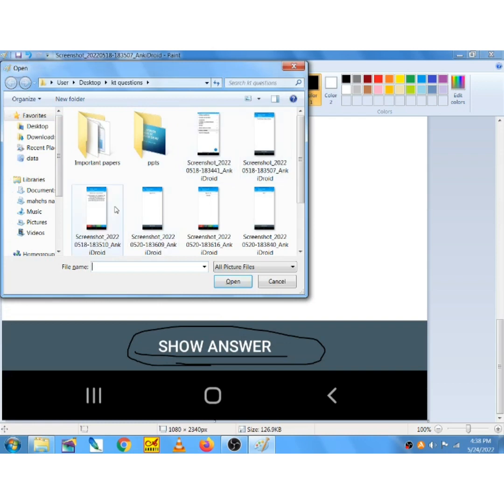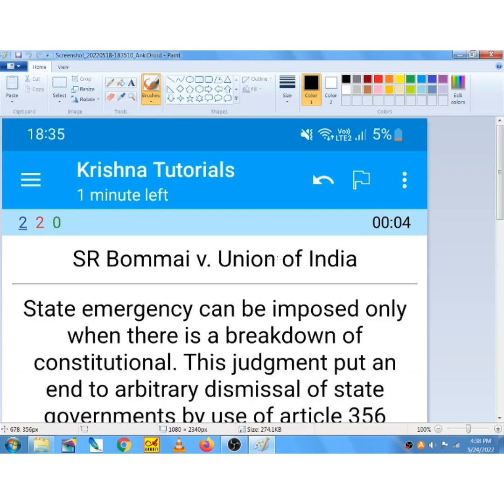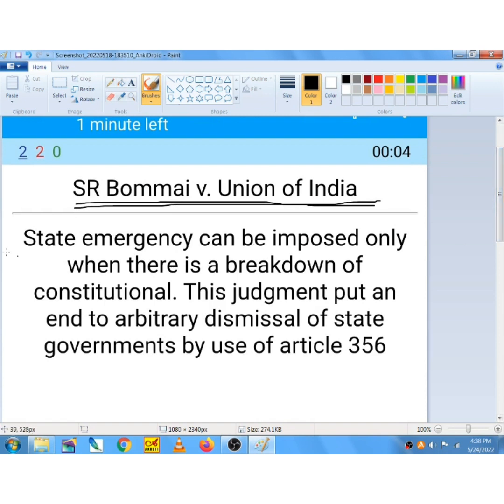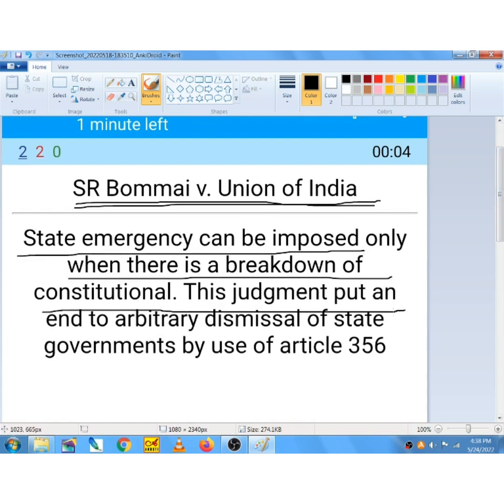You have to revise through this app, and over time it would get fed into your long-term memory or short-term memory based on how many times you have been using it and at what intervals, but it will get fed into your memory and you will be able to remember everything. So this is the answer.